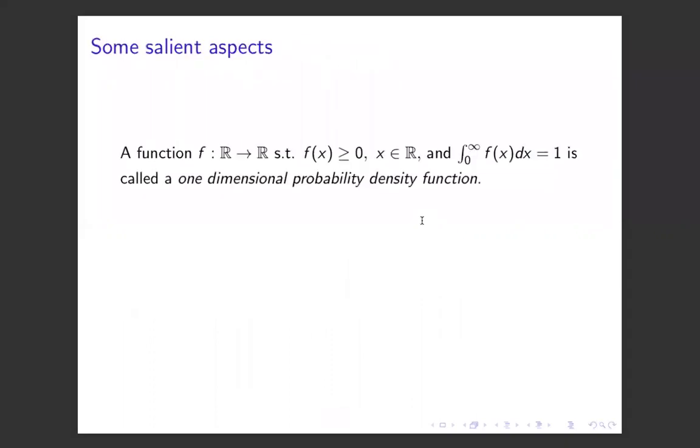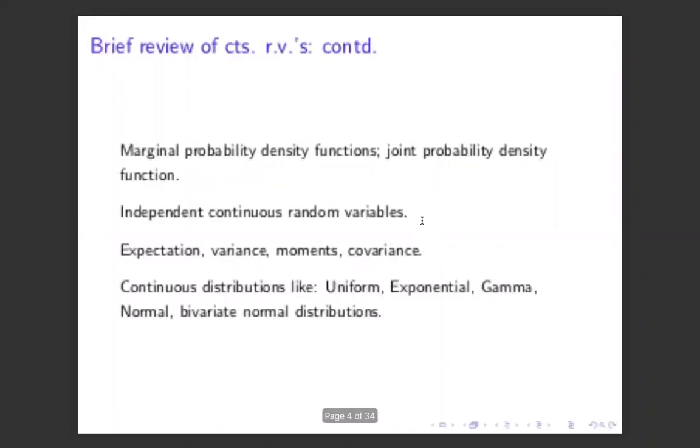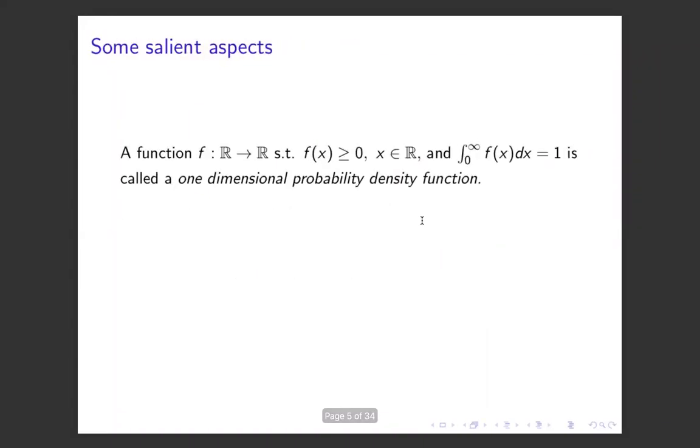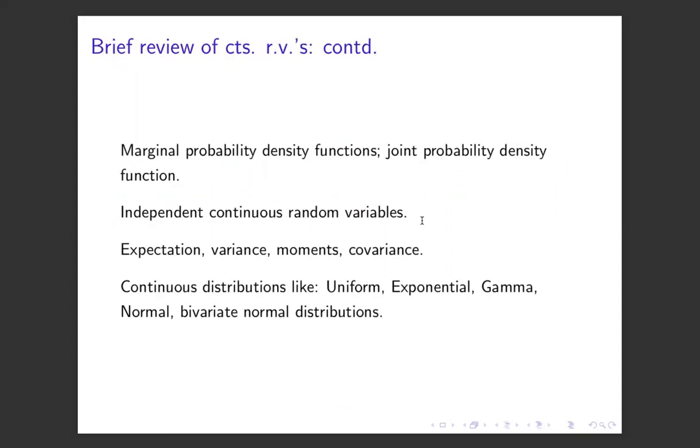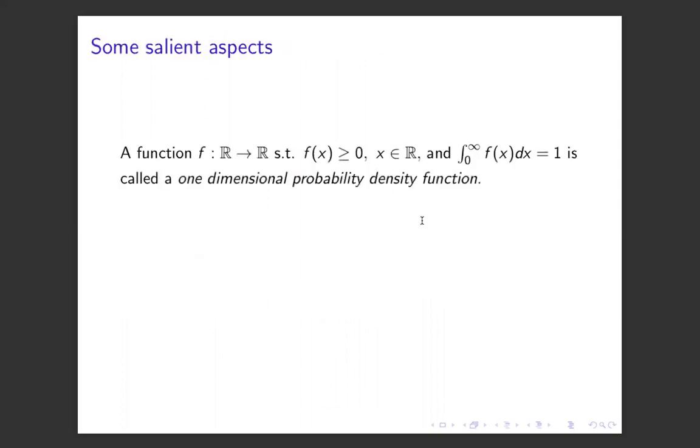And certain salient aspects, these are, of course, basically certain definitions. Your function, by the way, if you want to jot it down, you may do so. A function from the real line to the real line such that it is non-negative for all x, and also it integrates to 1 over the whole interval.